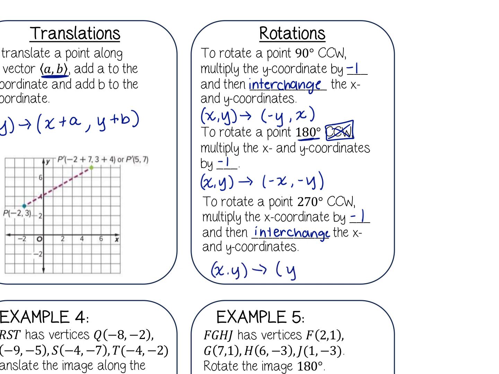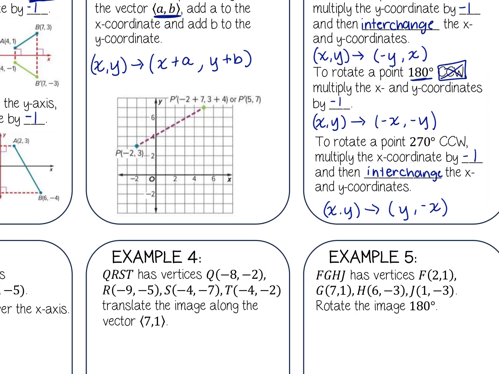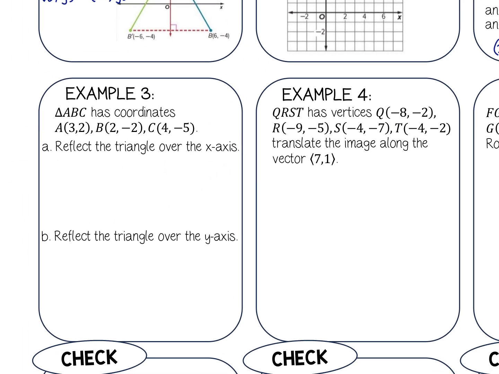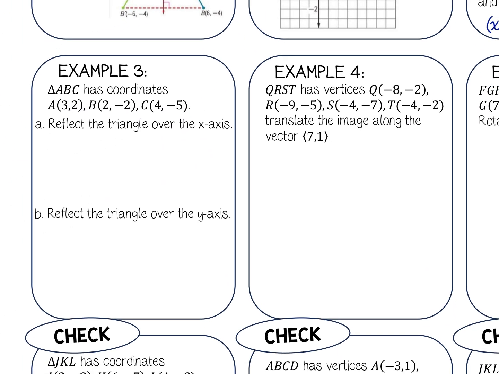So y will be the new x value, and x will be the new y value, but the x is also negative. All right, so now that we have this information, let's go through and do examples 3, 4, and 5, and then you can do the last row on your own. Pause it, do those last problems, and then you can check your answers after the fact when you're ready.